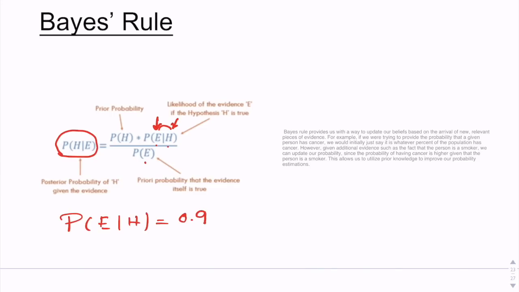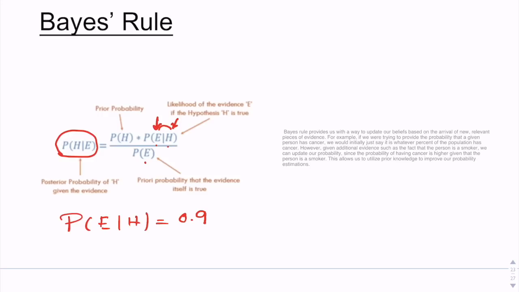If you don't use Bayes' rule, you can say there is a 90% chance that this person has cancer based on this biopsy we have done from the tumors we excised from the body. So it is very likely that this person has cancer.